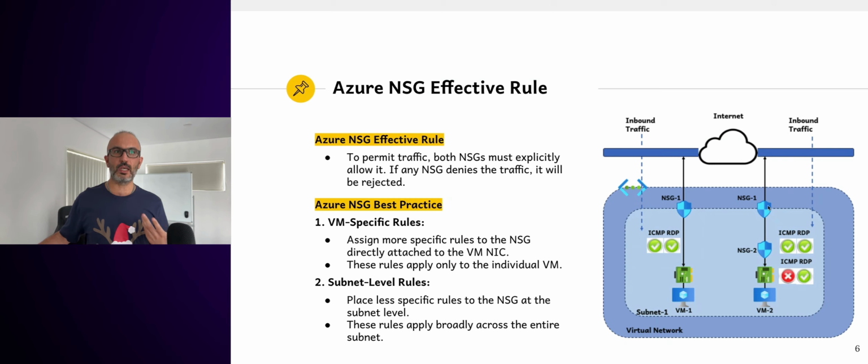So what happens here is that network security group 1 will be allowing ICMP, but when it reaches network security group 2, it will find out that ICMP is blocked. RDP will still be allowed, but ICMP will be blocked.